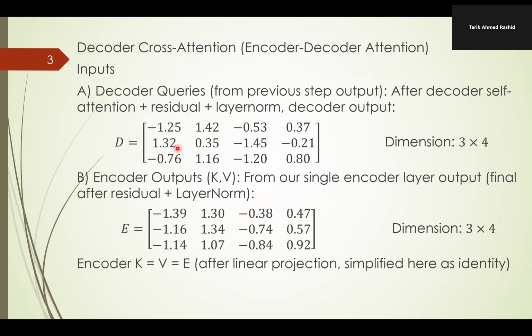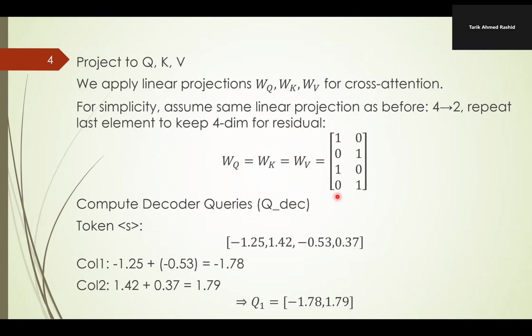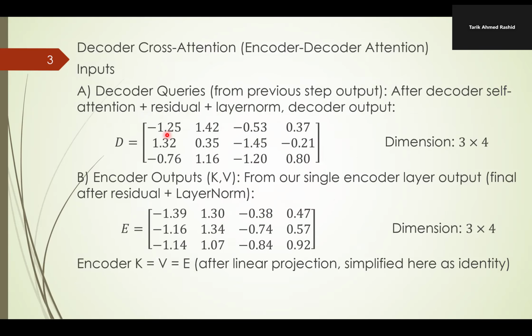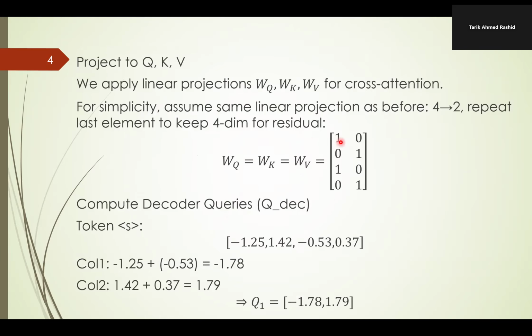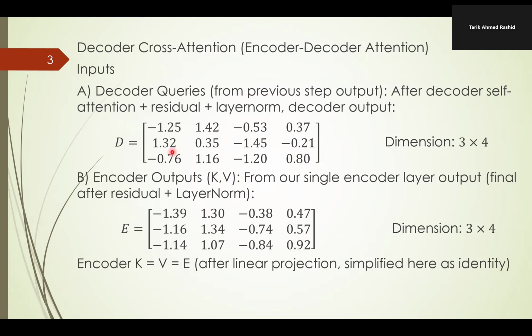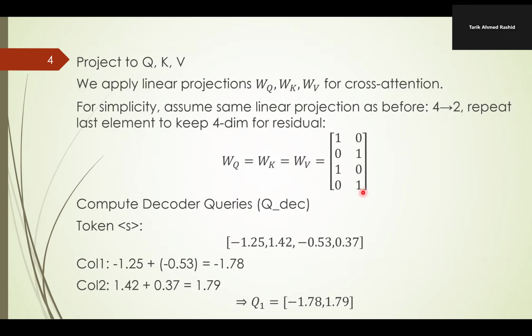So here we would have this row multiplied by this column, and the same row multiplied by the other column.